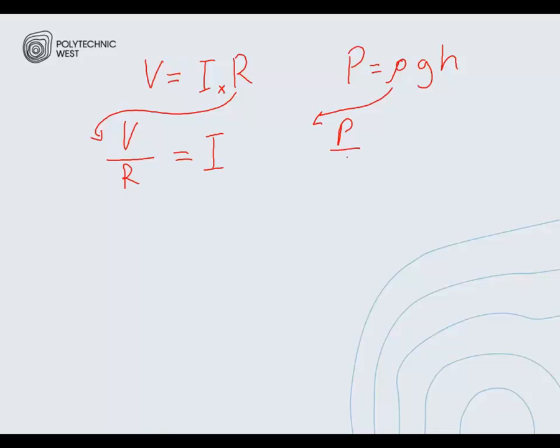P over rho equals G H. Now I want to get rid of the G. Once again it's multiplying, so I'm going to take it over the other side and make it divide, so it goes underneath. P over rho G equals H, and that gives me H equals P divided by rho G.